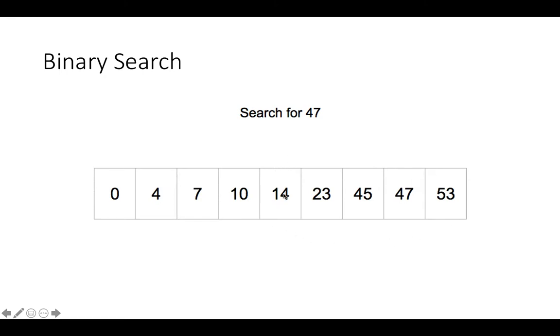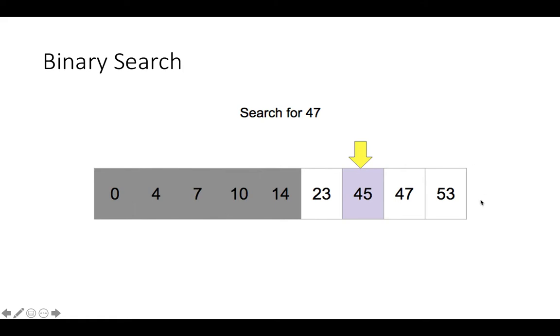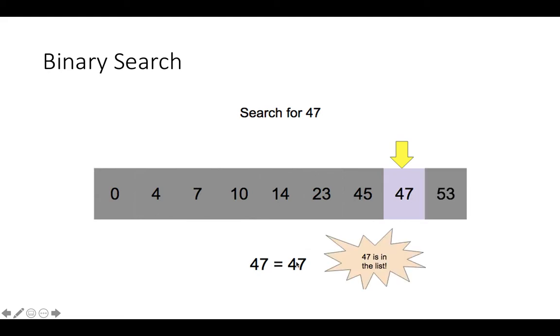So again, we are looking for 47, we compare it with 14, 47 is more, then we go to the next half, and again we divide it in the middle, we compare 47 with 45, then we go to the next half, and so on till we find the 47.